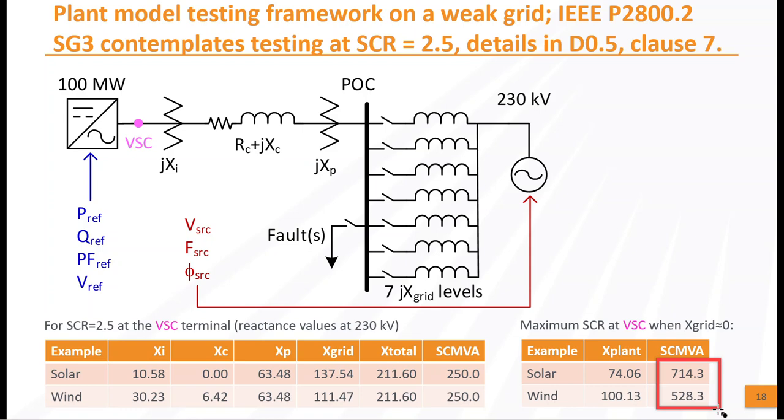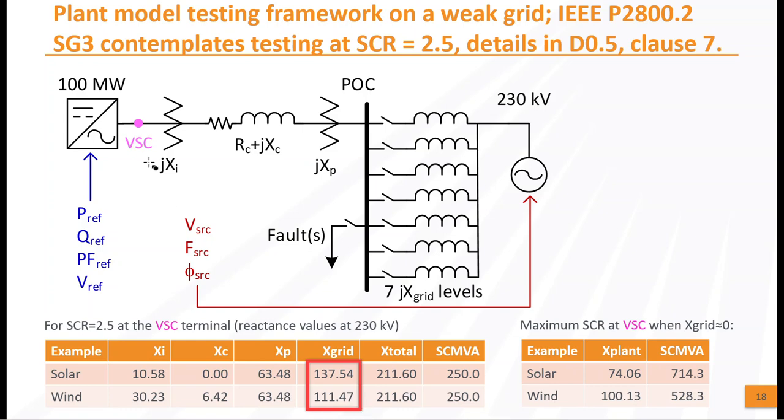If we try to use higher grid impedances, if we try and get a short circuit ratio of 2.5 here at the point of connection, it is hard from a steady state transfer perspective to get full 100 megawatt export out of the plant. So instead of 211.6 ohms, we ran these tests at J137 or J111.